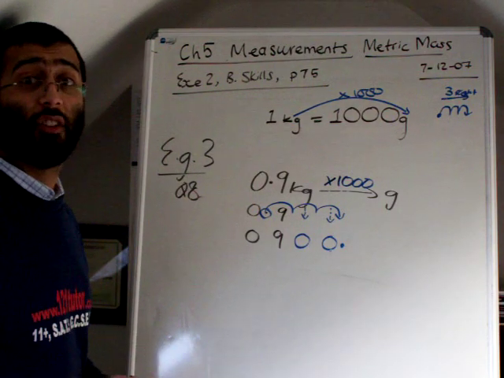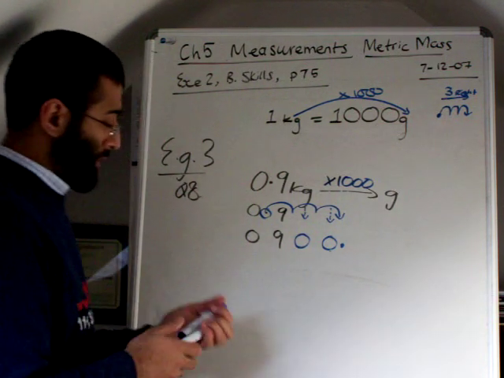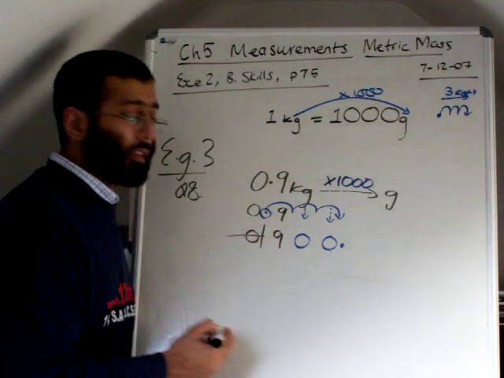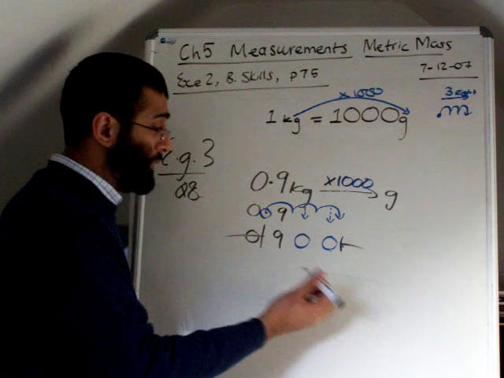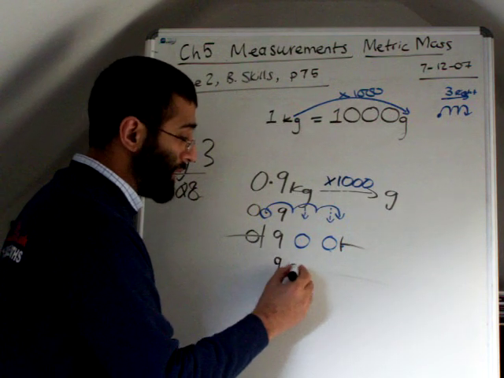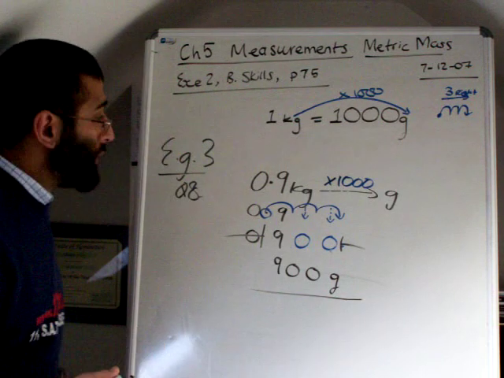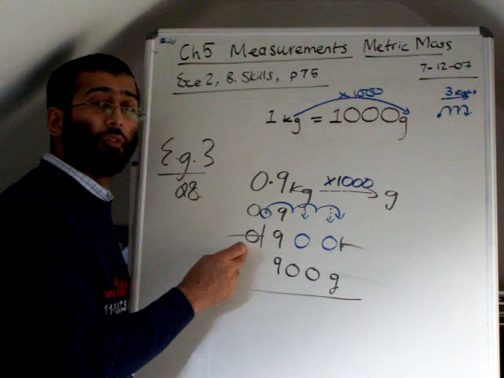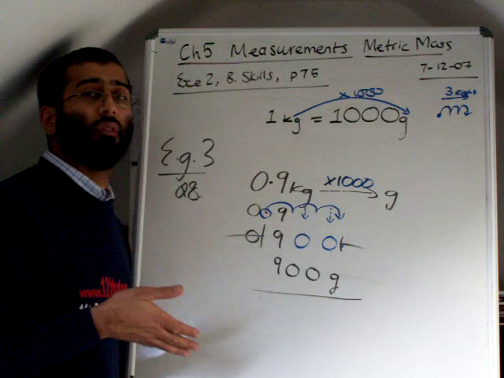So our rough answer reads 0900 point. Well, if you want to say the number 900, you wouldn't need the 0 at the front and you wouldn't need the point at the end. So if the number is 900, then we just say that the number is 900 grams. Here, we have to get rid of a 0 from the front, because in order to say the number 900, we don't need to say a 0 at the beginning.